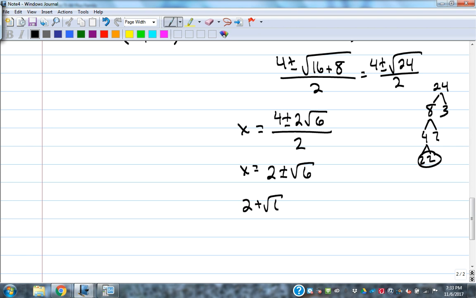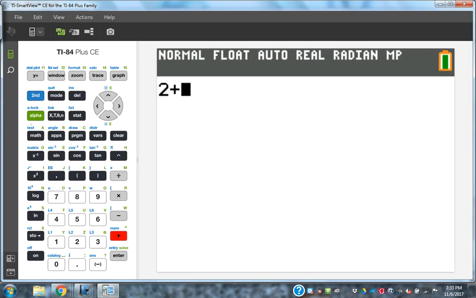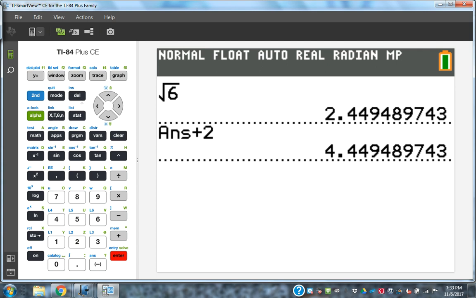2 plus the square root of 6 is about 4.45.